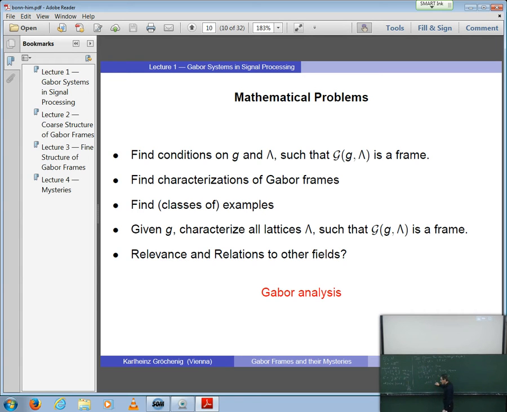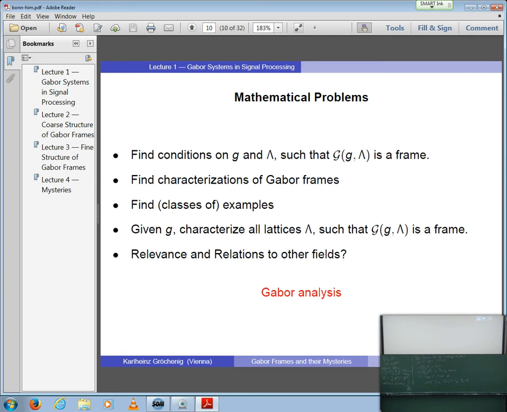So a normalizing factor, which is essential, and then the inner product of gamma with pi mu of g is equal to delta mu 0, and that's for all mu in the adjoint lattice. So three equivalent conditions, frame, that's what we want to understand. The main assertion is that the frame property and the Riesz sequence property are dual to each other when you switch from the lattice to the adjoint lattice.